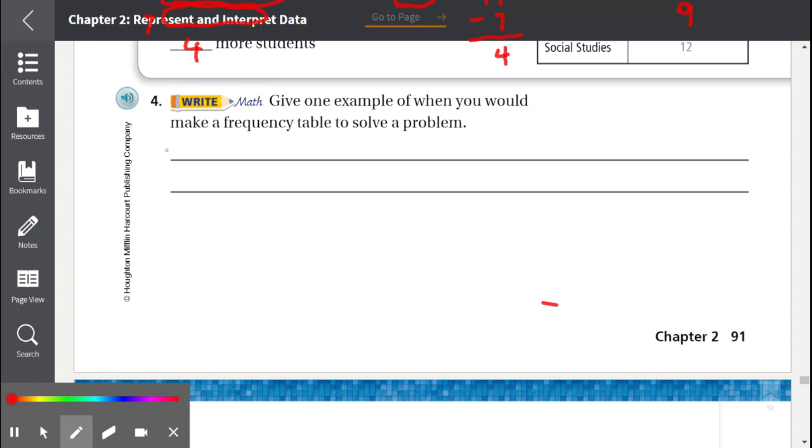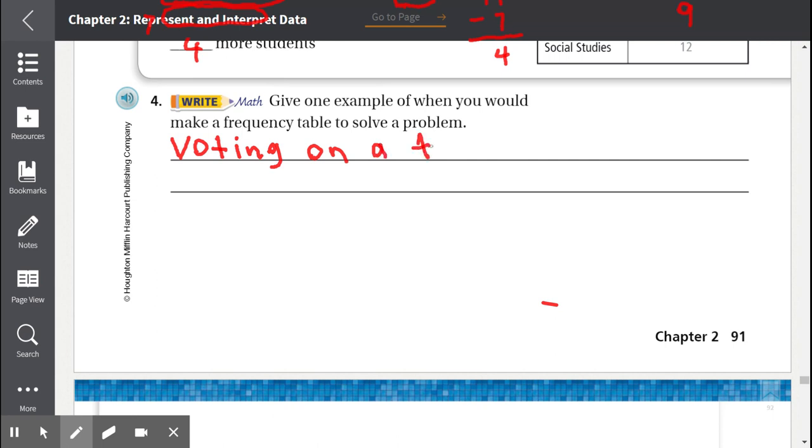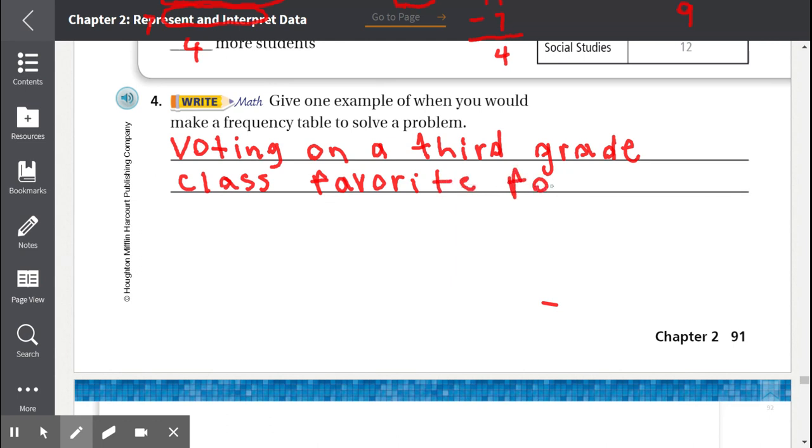So voting on a third grade class's favorite food.